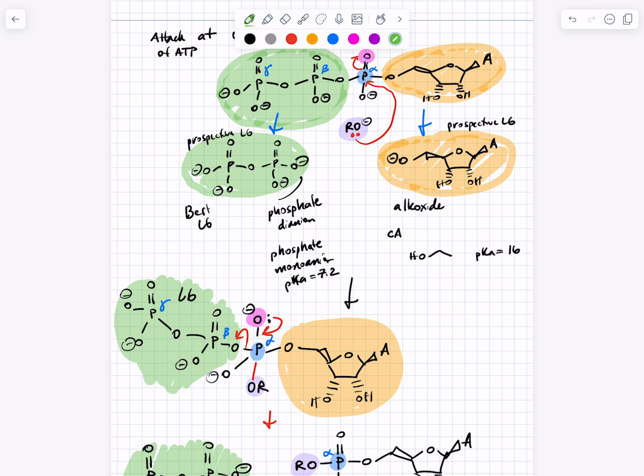The orange thing is an alkoxide. Its conjugate acid is an alcohol, which has a pKa of 16. In contrast, the green leaving group is a phosphate dianion. Its conjugate acid is a phosphate monoanion with a pKa of 7. Stronger acid, better leaving group.